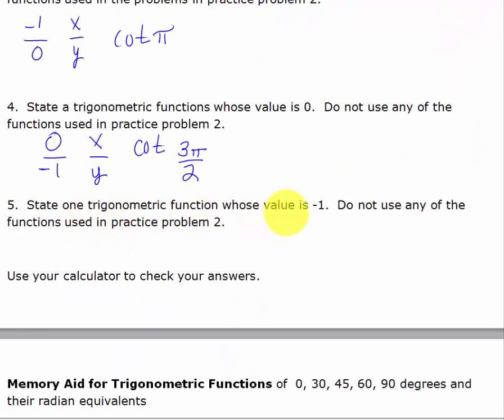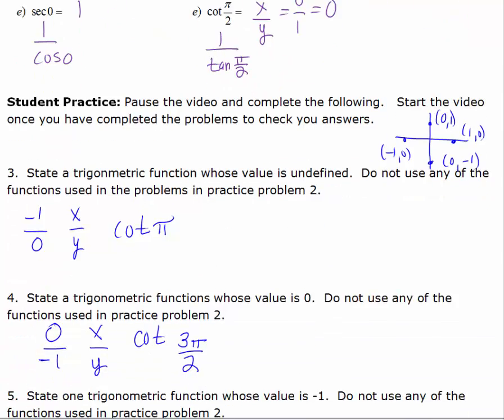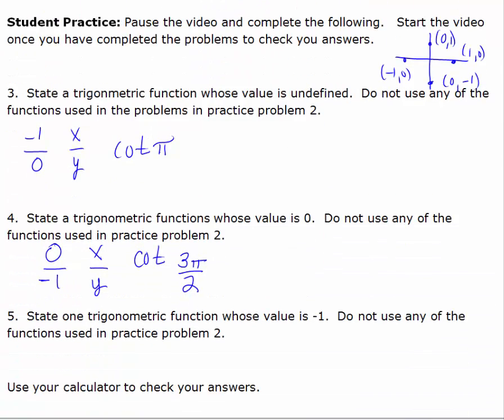Okay, the last one: state one trigonometric function whose value is negative 1. Do not use any of the functions used in practice problem 2. So using my ordered pairs, I need to use one that has negative 1. So I would look at something like negative 1 over 1.